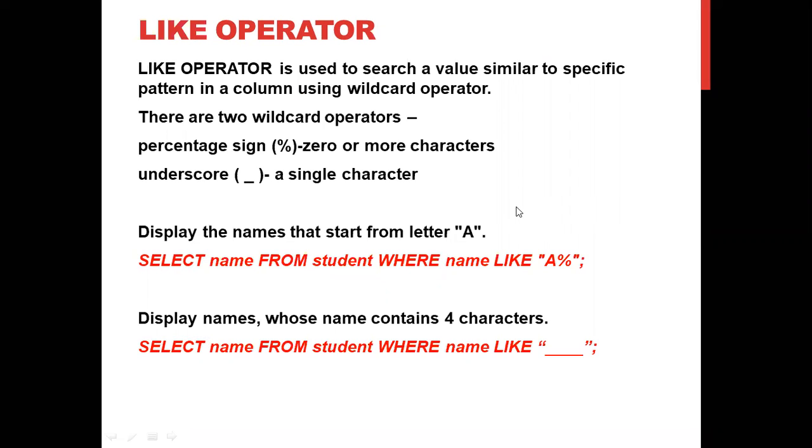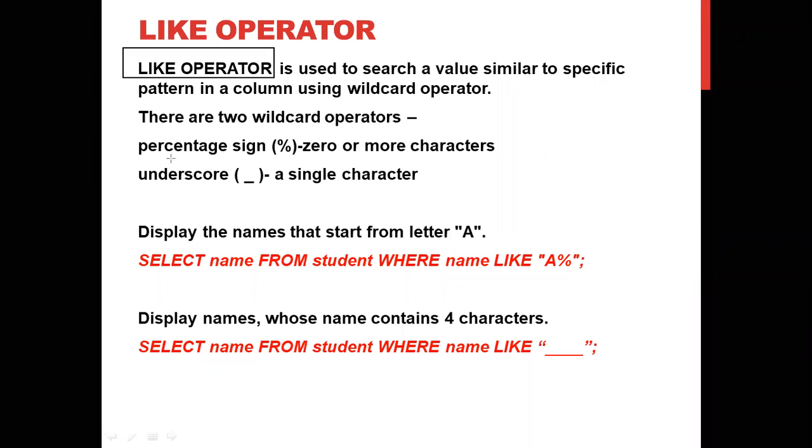It means if the given pattern is, for example, the first name starts with A, ends with B, or display the names of students who have only 4 characters in the name, this type of pattern is given, then we are using the like operator. There are two special characters: the first one is percent and the second one is underscore. The percent means 0 or more characters.